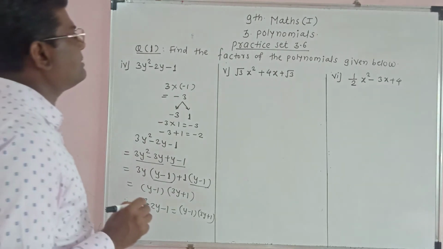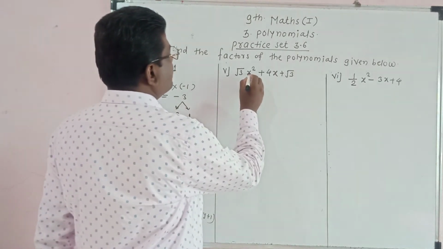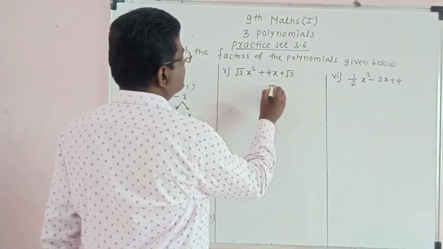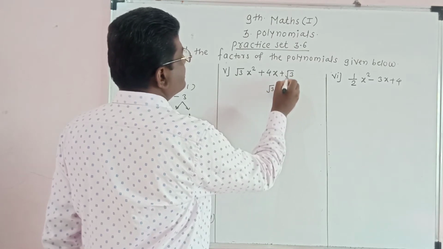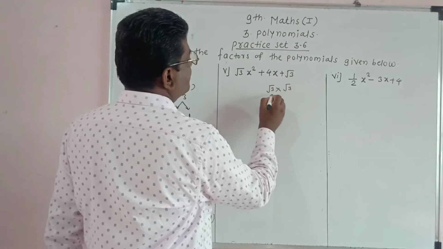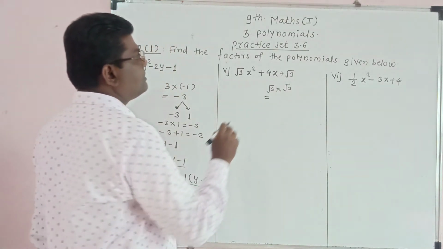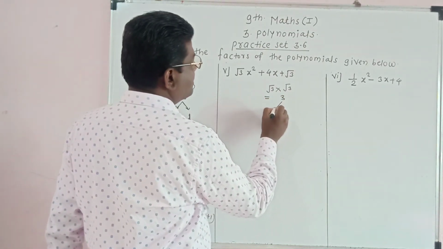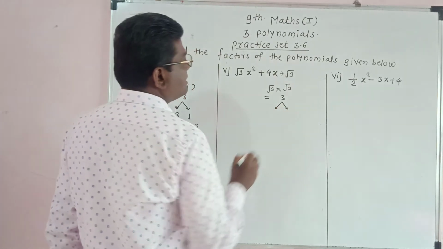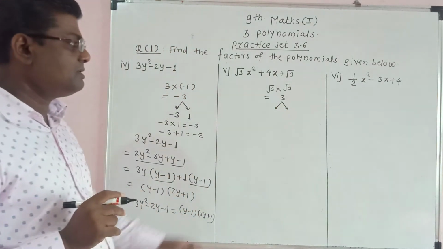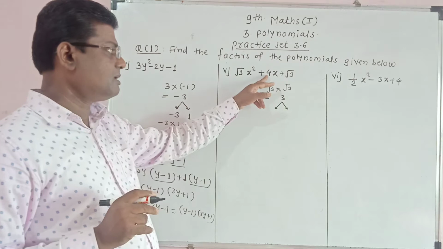Now next example, here the coefficient of x² is √3 and the constant term is √3. We multiply √3 into √3, it will be 3. Then we want two numbers such that their multiplication is 3 and sum is 4.